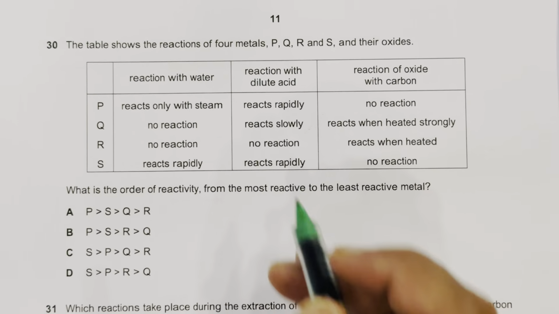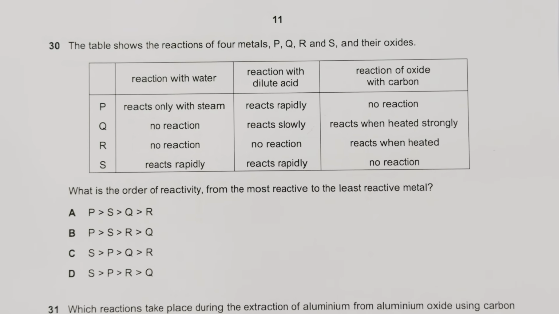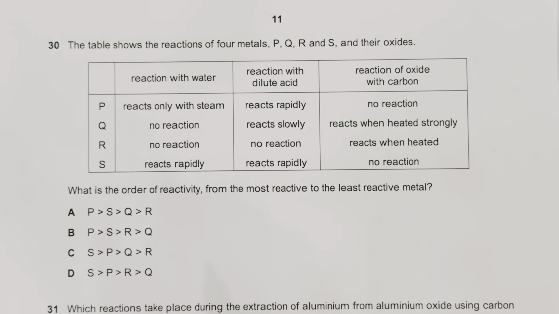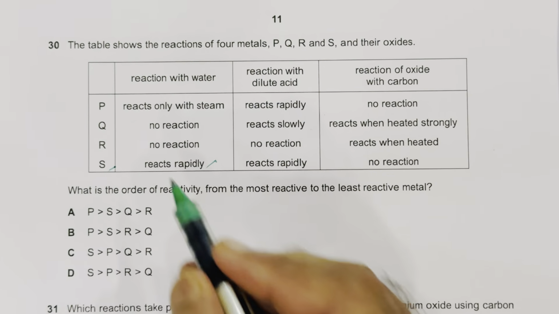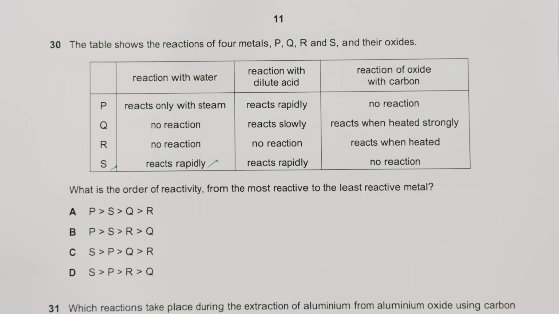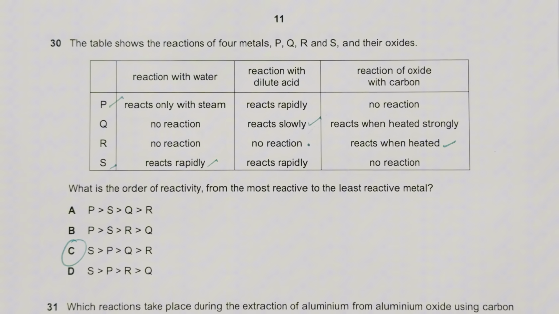So it should be react rapidly, so most reactive, and then P should be like that. S should react more rapidly, then it should react with steam, then it should be no reaction, then it reacts slowly, then it should be no reaction. So this is the right order, SPQR. So option number C is the right answer for question number 30.